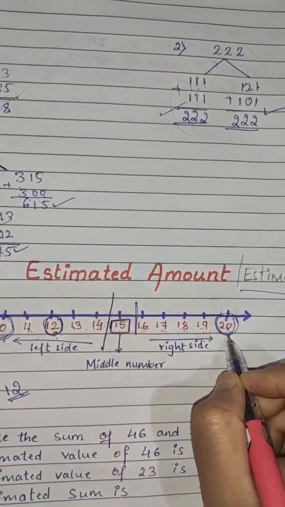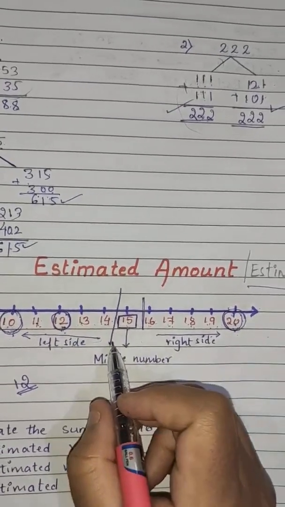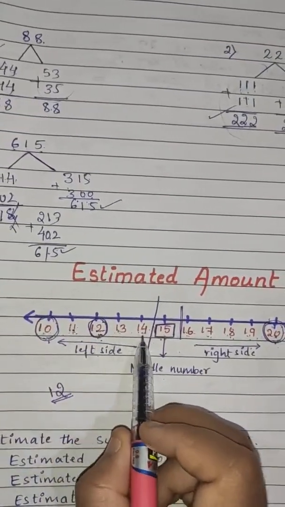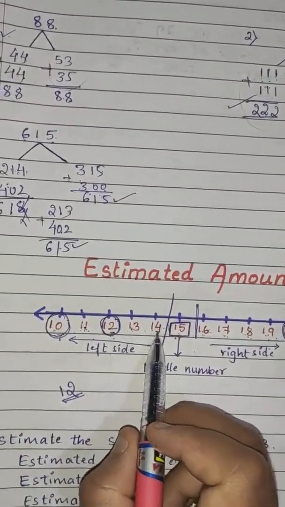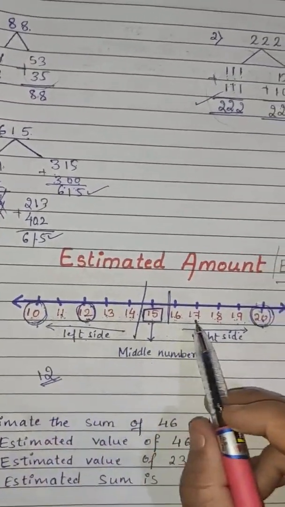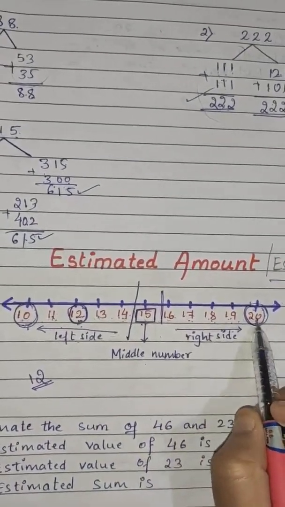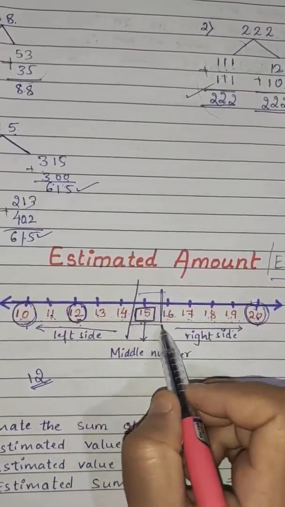Understood, children? Now the question is, what is the estimated value of the middle number 15? See, I just told you the estimation value of 11, 12, 13, 14 is 10, and of 16, 17, 18, 19 is 20. Now what about this 15, the middle number?